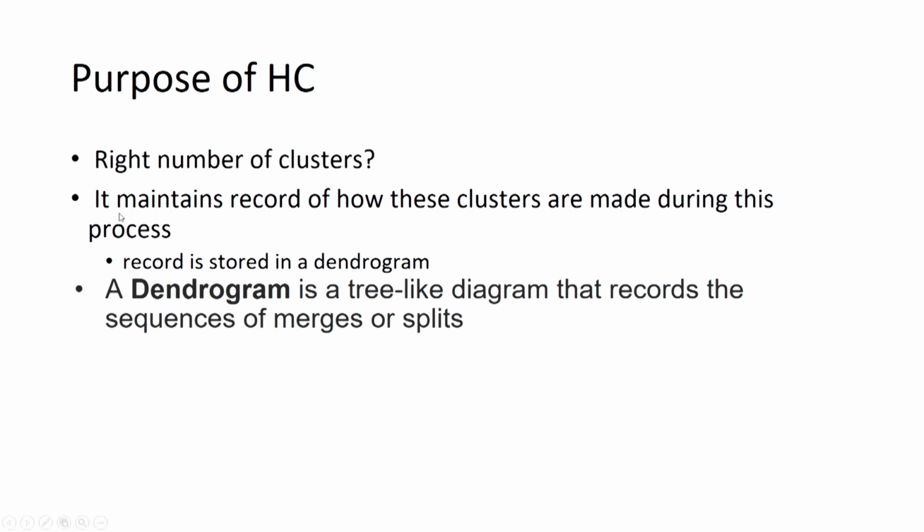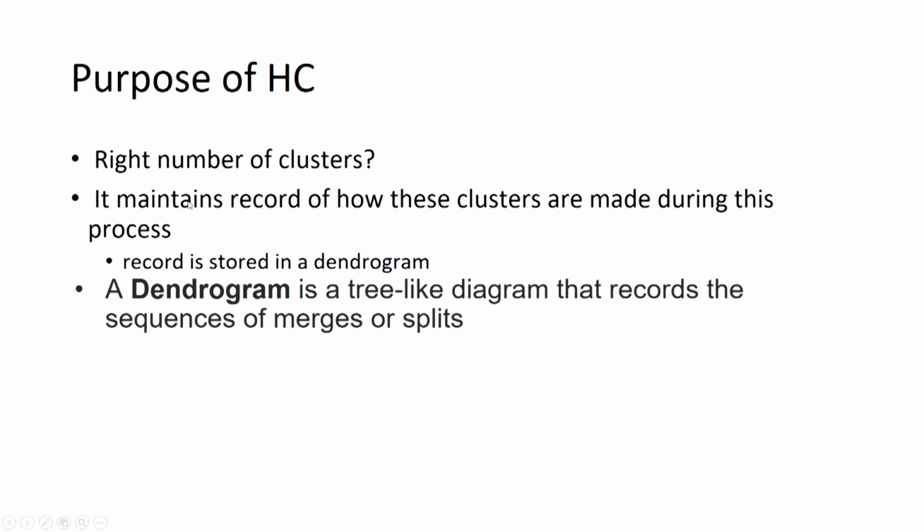The advantage or purpose of hierarchical clustering is that we maintain a record of how these clusters are made. We know which two clusters were merged at the first step, then which two clusters were merged in the second step. In this way we finally got the final clusters.